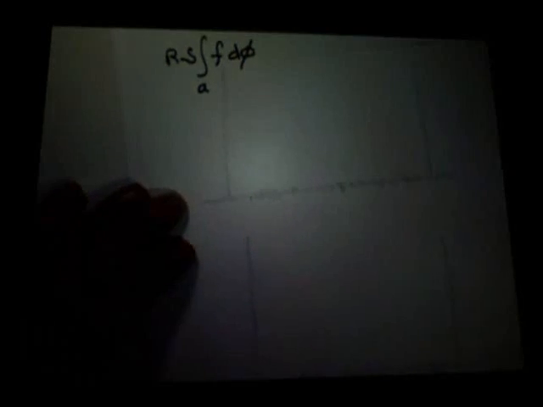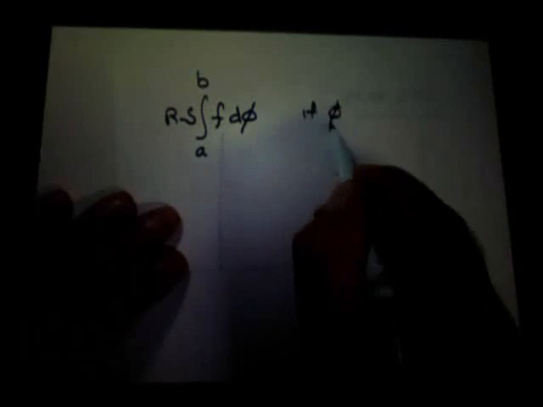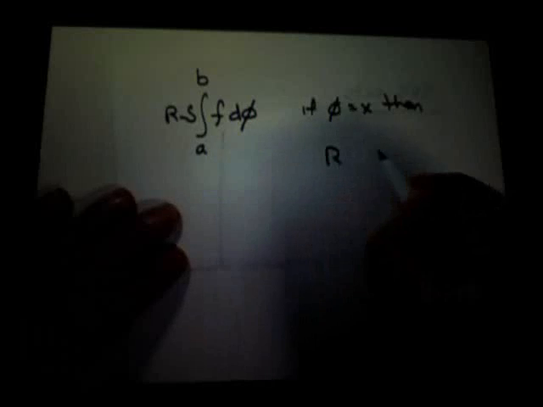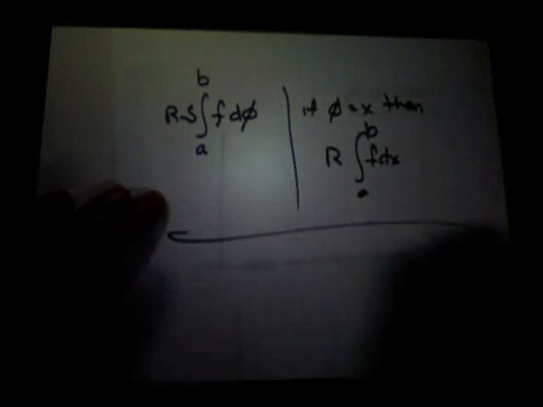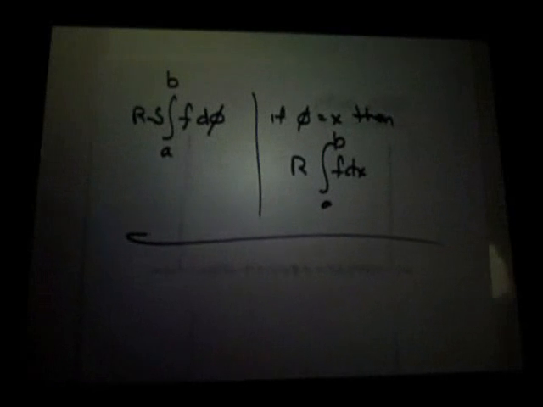What's the symbol, phi? If phi equals x, then it's a Riemann integral. So if you work out the theory for Riemann-Stieltjes, the Riemann part comes along naturally. Okay?